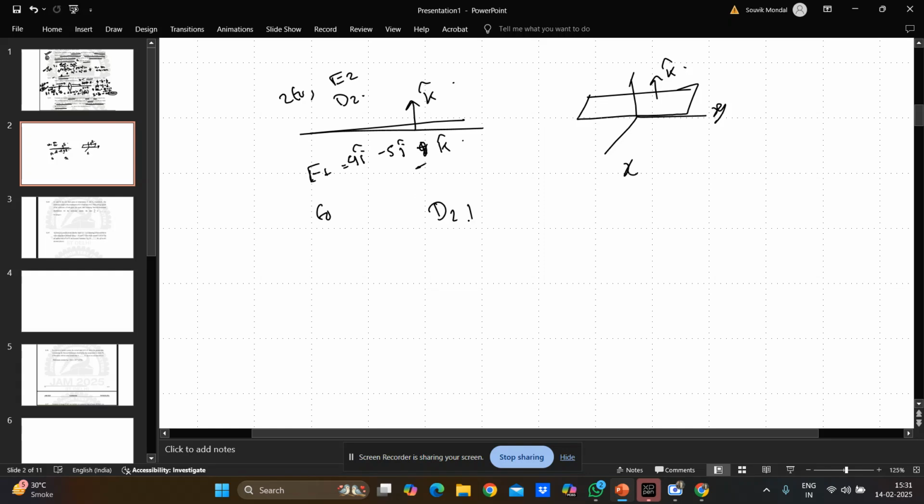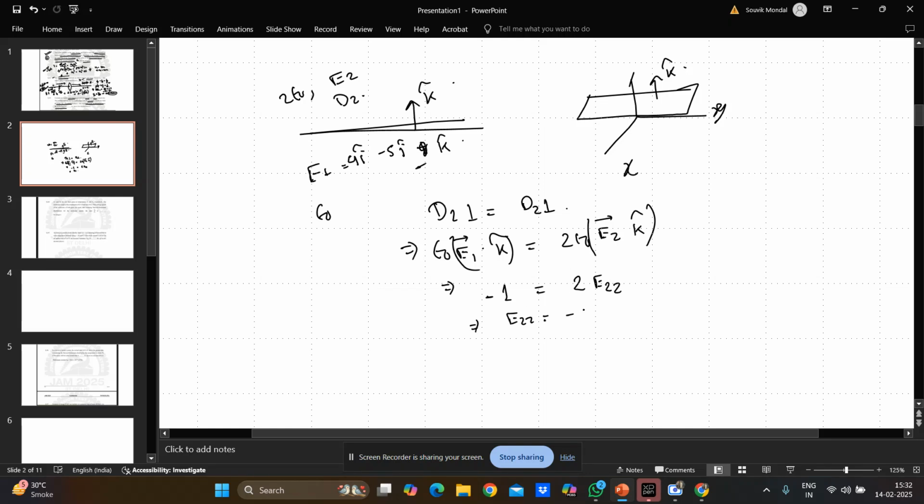D1 perpendicular is equal to D2 perpendicular. So epsilon naught E1 vector dot k is equal to 2 epsilon naught E2 vector dot k, right? E1 vector dot k cap will simply pick minus 1, and there is an extra 2, and E2 vector dot k is simply picking the z component of E2 vector. So E2z is simply minus 0.5.